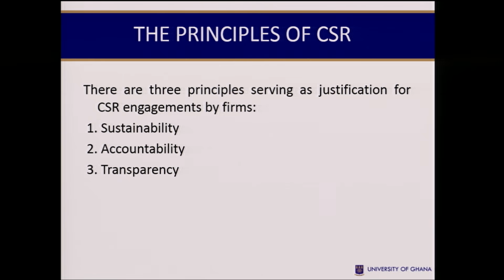Accountability is very, very important in CSR engagement. We should be able to account to the people for the results that we are bringing. It shouldn't just be given to the society and yet you cannot account for it. The society cannot really tell what exactly they are benefiting from what you are bringing in. You shouldn't spend more resources to deliver the benefit.